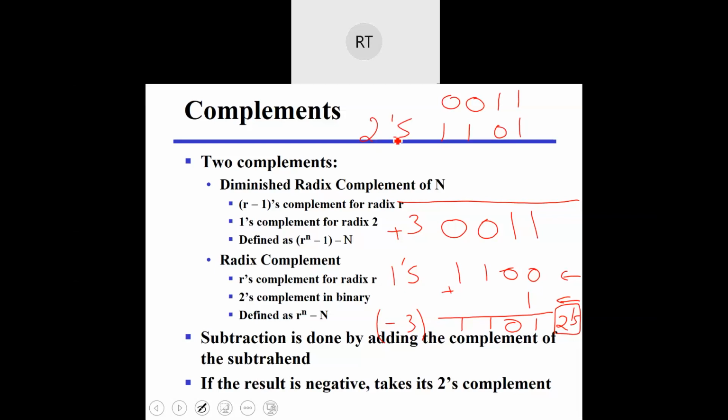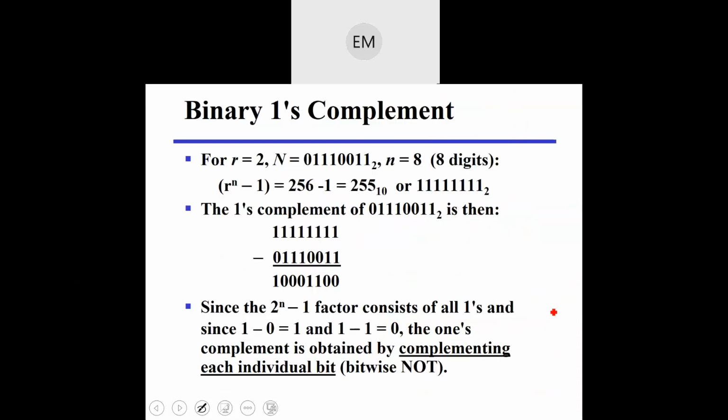Okay? So what is this number, please? Minus 3. Very good. Do you see the similarity with this minus 3? Yes. So now we have 8 bits.